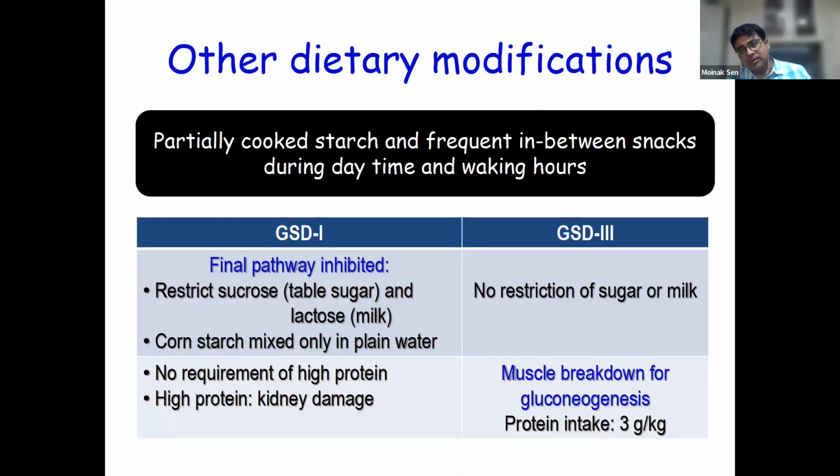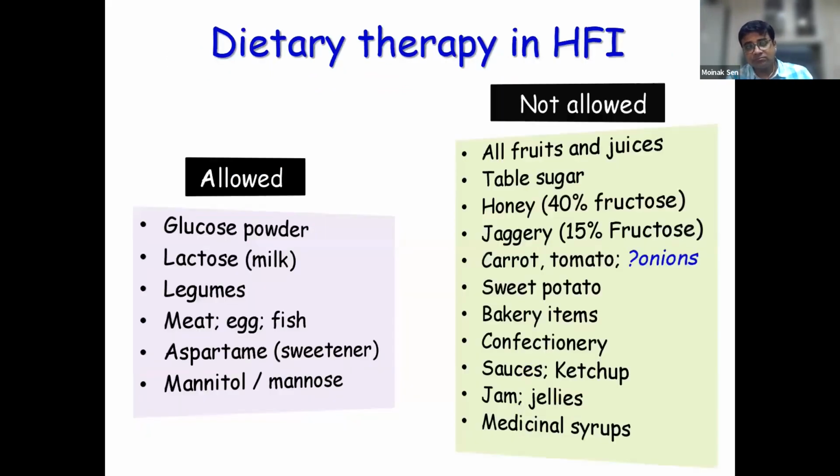The other dietary modifications that we need to do in GSD1 and 3. In GSD1, we have to restrict the sucrose, and in cornstarch, and in that you don't need to do anything else. But in GSD3, there is no restriction required for sugar or milk. And here, because there is also a muscle breakdown that goes on, you must encourage protein intake, approximately 3 grams per kg.